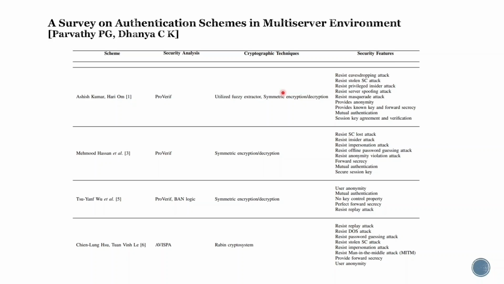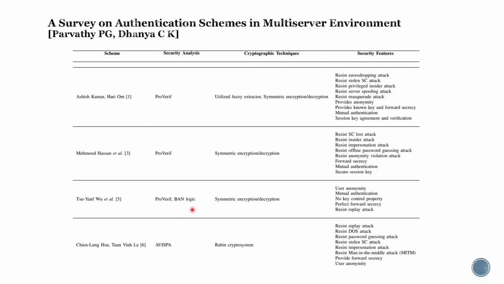And in the next paper, a survey on authentication schemes in multi-server environment, you can see they have also done a survey on several protocols, and this particular protocol we went through, and the security analysis is done through ProVerif or BAN logic.